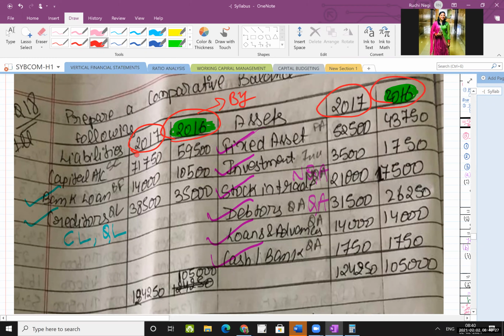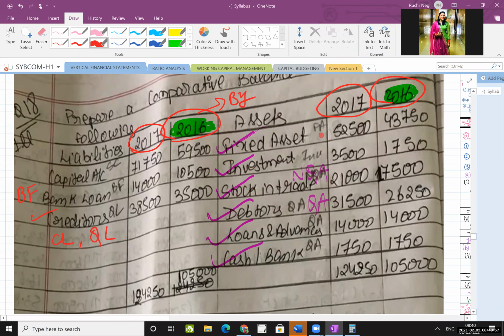Capital account, that is my share capital. Bank loan is my borrowed funds, obviously. This is my current liability under the category quick liability. This is my fixed assets.